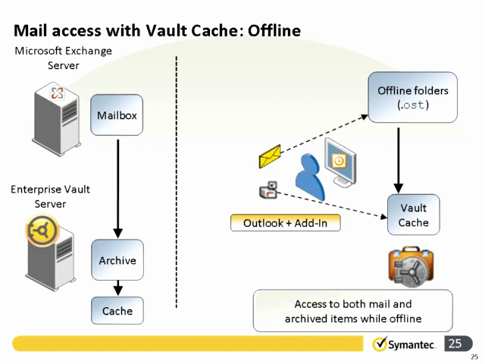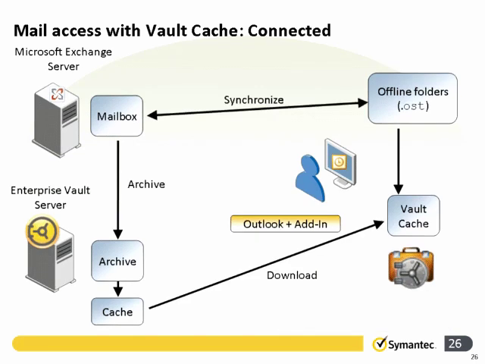However, we will still do shortcut checking, which means that if I do try to archive something in the offline folders, it will create that shortcut, and it'll see if there is a shortcut in the offline folder that I do not have the corresponding item in the Vault Cache for, and it will add those items to that download list as well.